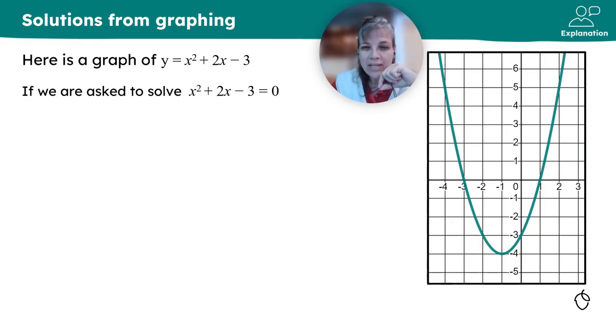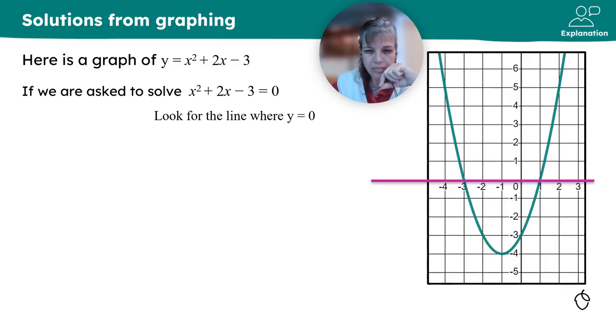If we were asked to solve where this equals 0, as we talked about previously and last year, we'd look for the line where y equals 0. That's the x-axis. y is 0 all the way along there, and you're looking for where these lines cross.